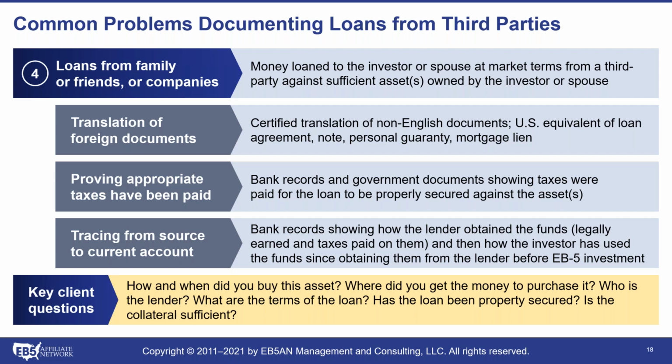You get a loan or a gift from grandpa, as well as some employment income that you've saved over a period of years and invested, and you recently got a loan or a home equity line of credit on your home that you purchased 5 years ago, and you use all three sources to fund your EB-5 investment.